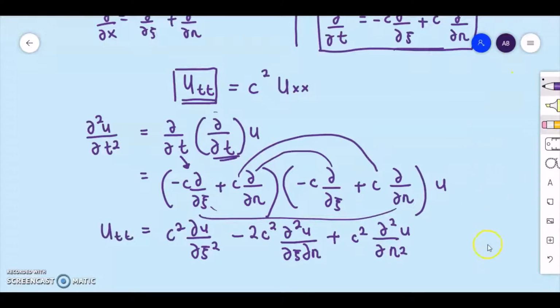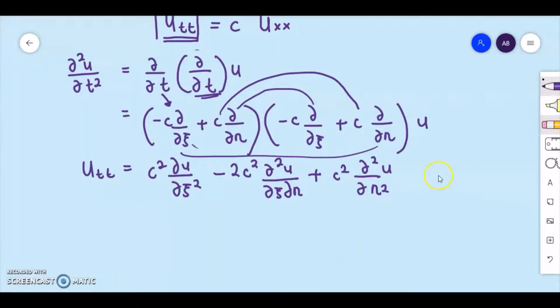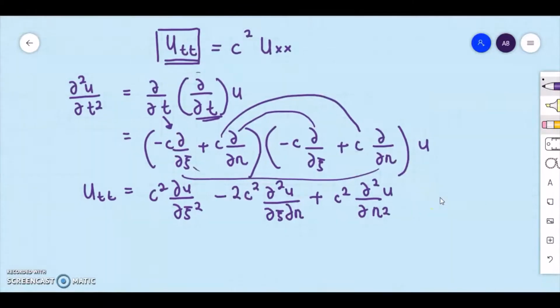Now I'm going to use a similar approach for my second derivative involving x. I can write it as partial squared u over partial x squared.